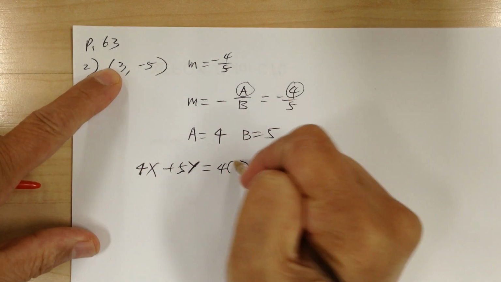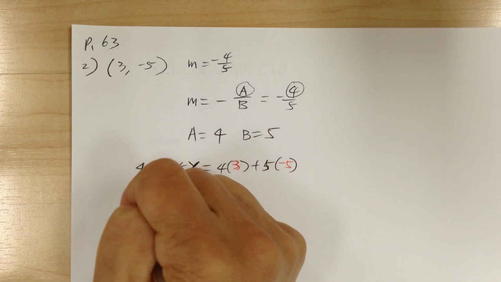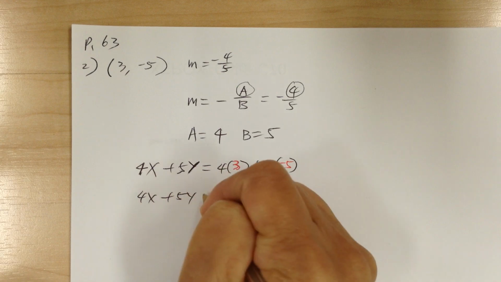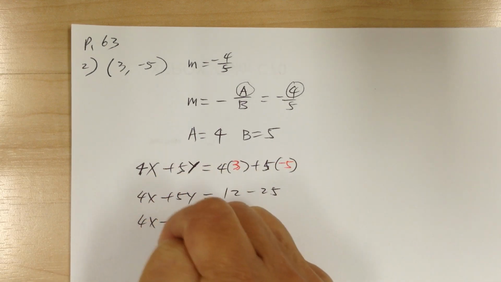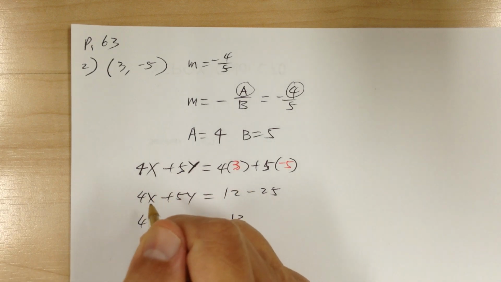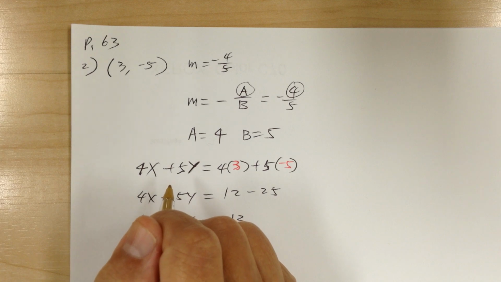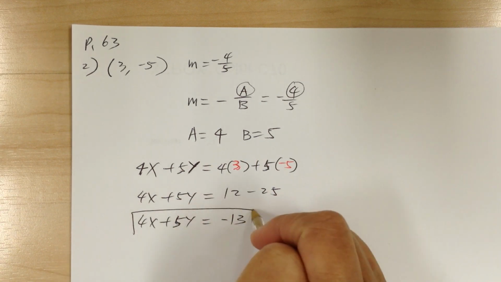So it'd be 3 and -5. Just work it out. You get 4x plus 5y equal to 12 minus 25, so 4x plus 5y equal to -13. It doesn't ask you for any particular form, so whatever you get, that's it.